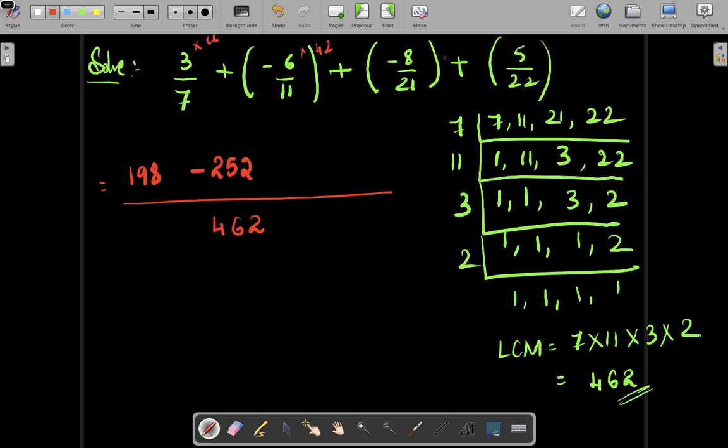And 21 times 22 is 462. So minus 8 times 22 is minus 176. Plus into minus, it's minus. So I'm writing minus. 22 times 21 is 462. 5 times 21 is 105, which will be minus 125 over 462.